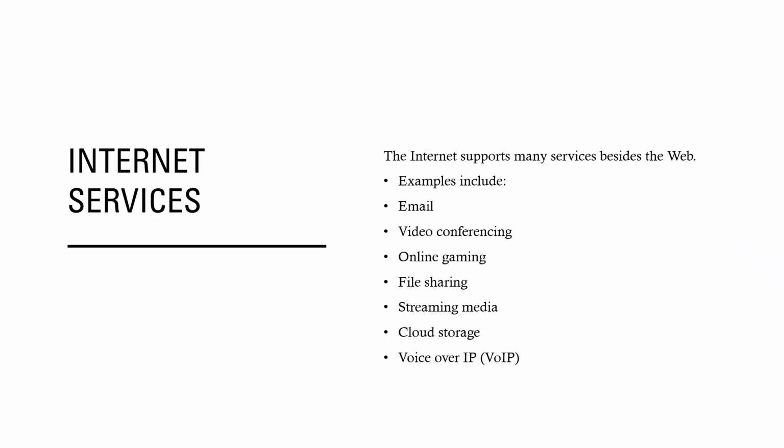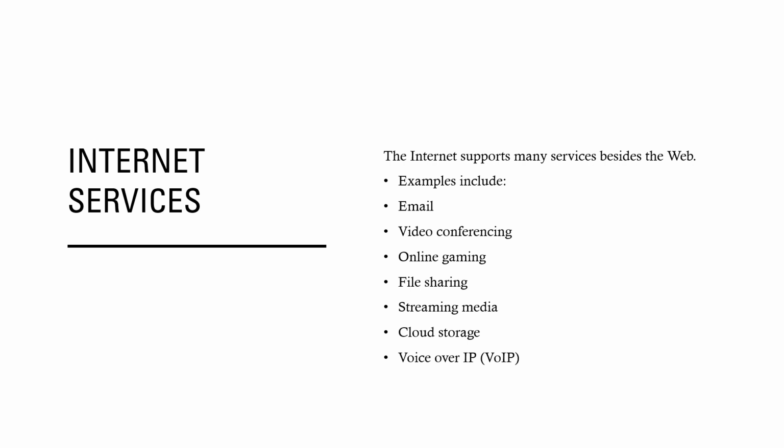So while the web is one of the most popular uses of the internet, it's far from the only one. The internet supports many different services that we rely on every day. Some of my favorites are streaming media, which allows us to watch movies or live events without downloading an entire file first. Cloud storage gives us access to files from almost any internet-connected device.